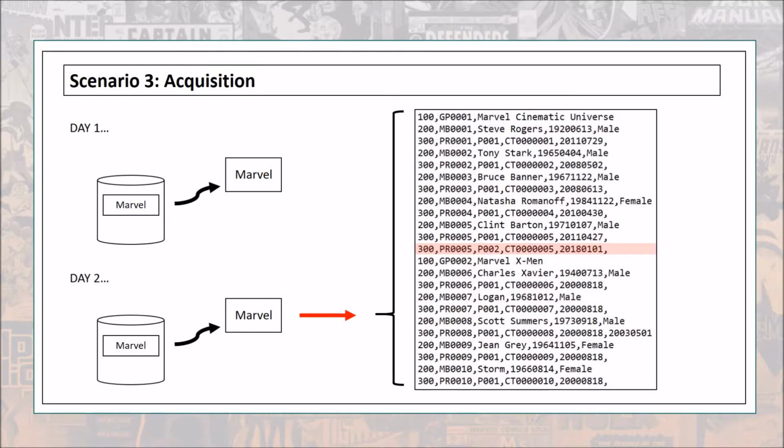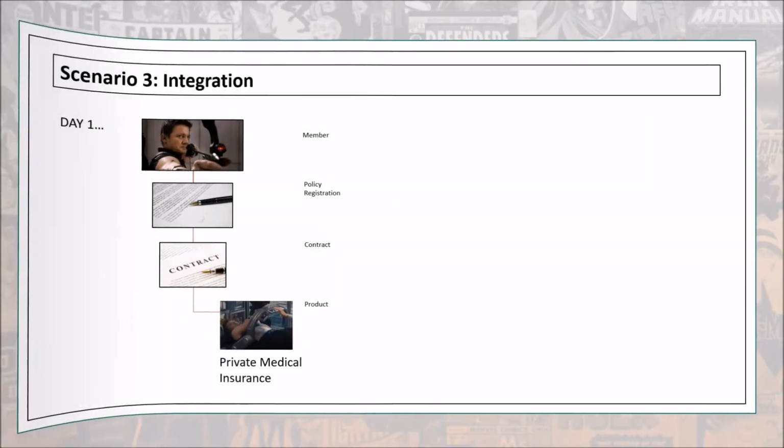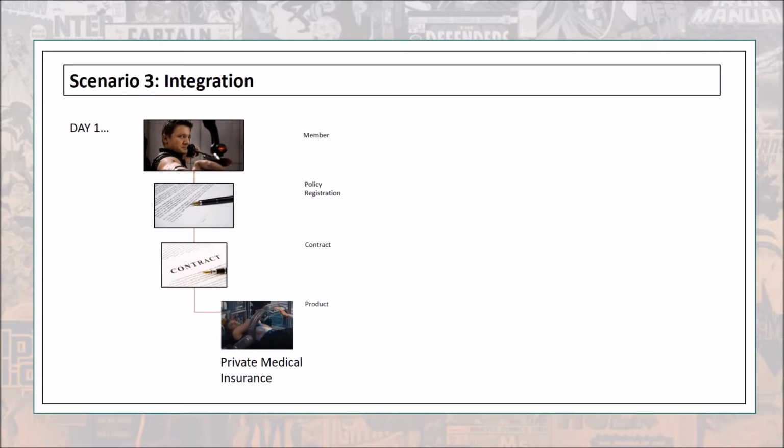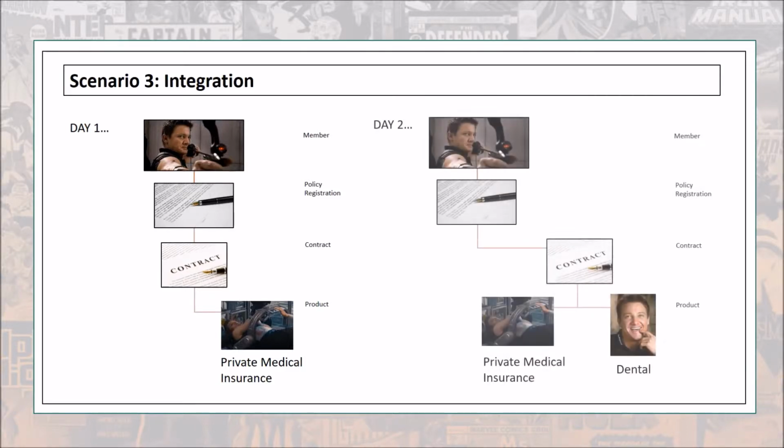On day 2, there's an update sent in where a second product is added against the data. So when it's being integrated into a model, we have a member who has a policy registration which is linked to a contract which has a product. On the second day, this would show that he now has both dental cover and private medical insurance.